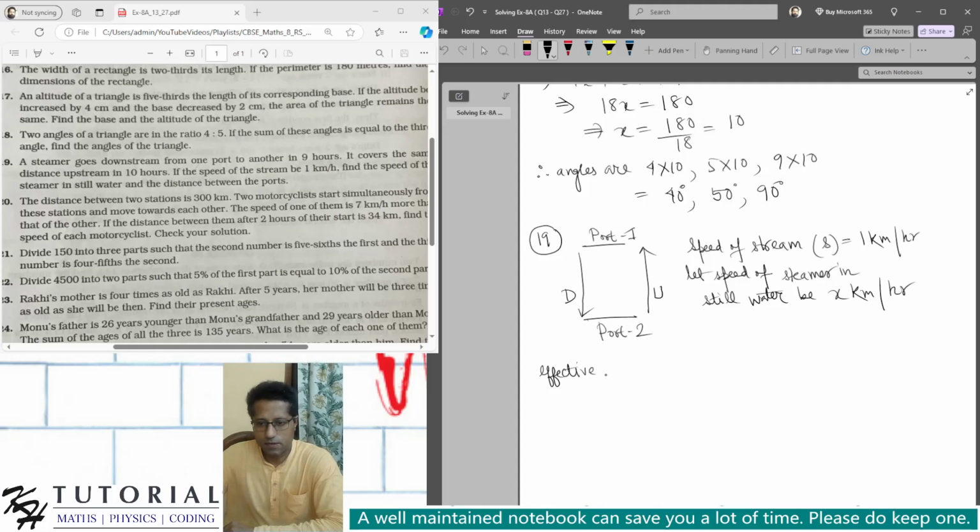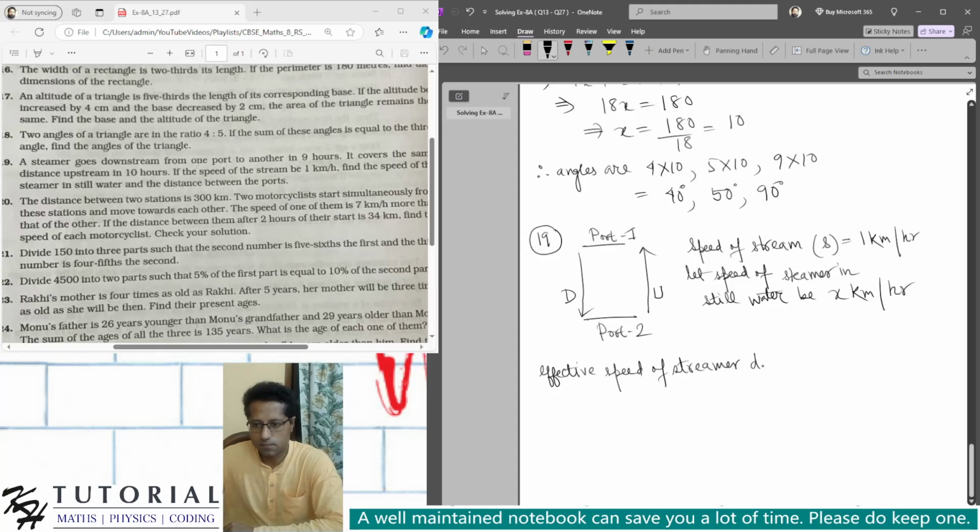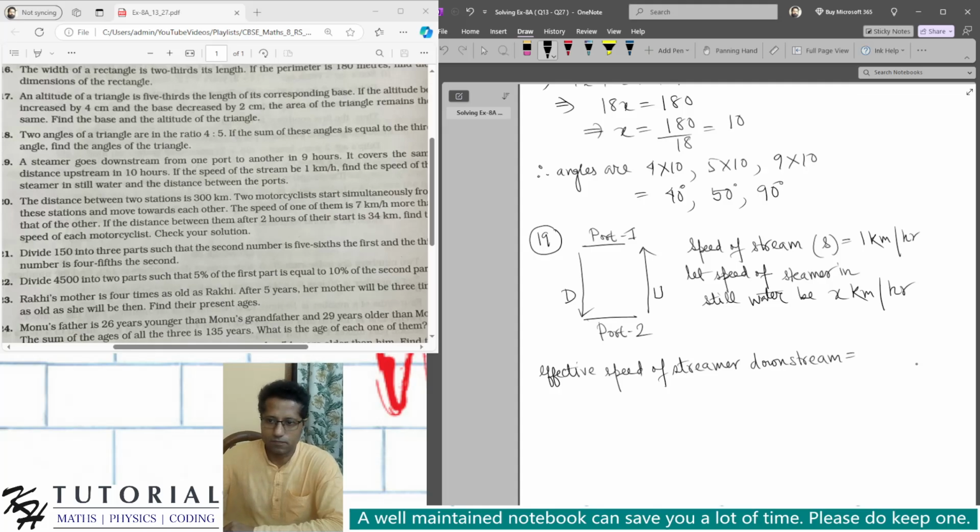So the effective speed of the steamer downstream will be equal to the speed of the stream added to the speed of the steamer.